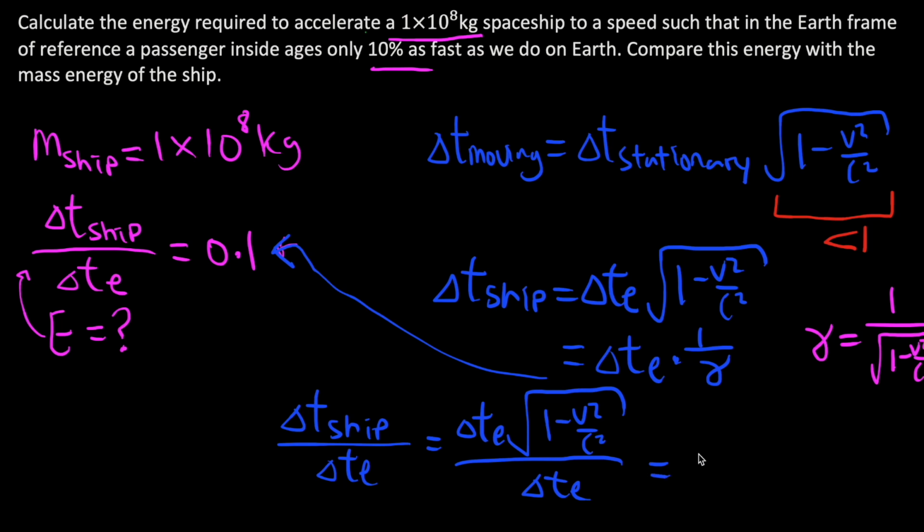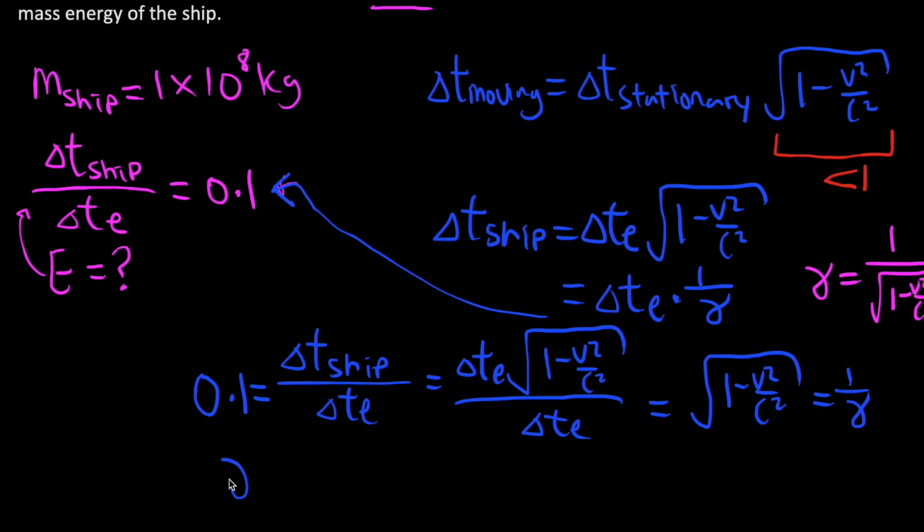This is equal to the square root of 1 minus v squared over c squared, which is equal to 1 over gamma and is equal to 0.1. And now we can solve for the gamma factor. So gamma is equal to 1 over 0.1, which is equal to 10. Right? So how does gamma connect to energy?